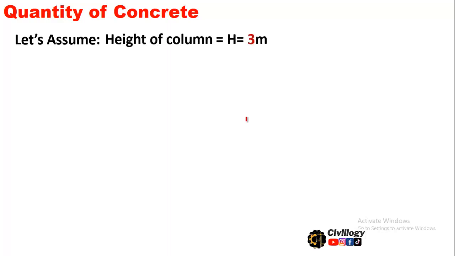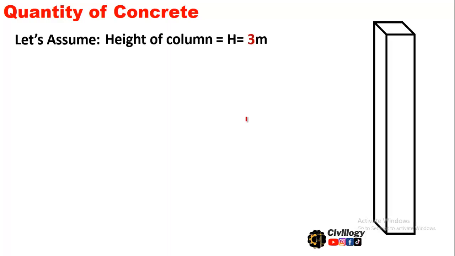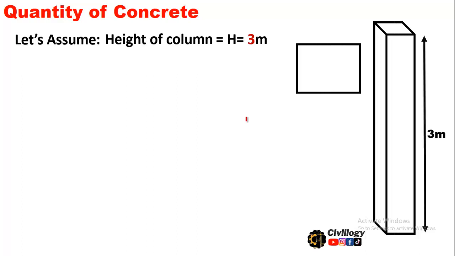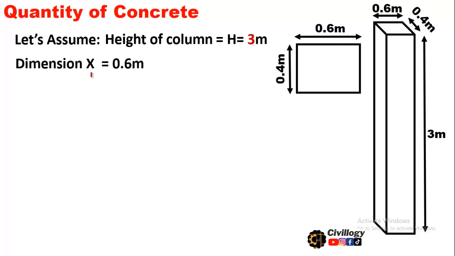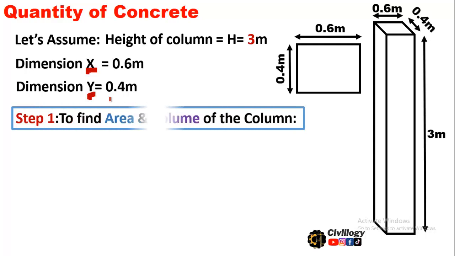Let's assume the height of the column is 3 meters, as you can see over here, and if we consider the cross section of the column, one dimension is 0.6 meters and the other dimension is 0.4 meters. Let's say the first dimension is x, 0.6 meter, and the other dimension is y, 0.4 meters.